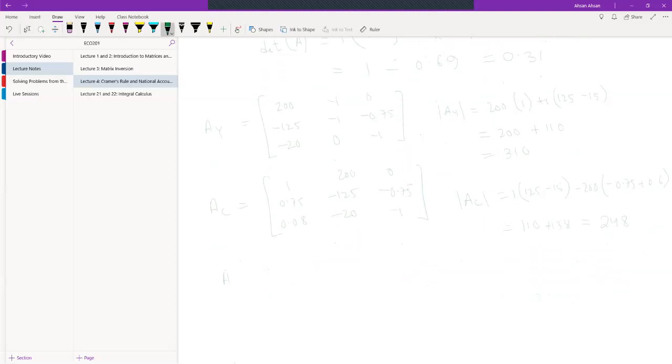And if we construct A_T, we are going to get 0.75, 0.08, minus 1, minus 1, 0, and 200, minus 125, minus 20. So if we calculate the determinant of A_T, we are going to get 1 times 20. Actually, I'm going to use the third row. That is going to be easier. As always, you can use any row or any column that you want to. This just looks easier to me.